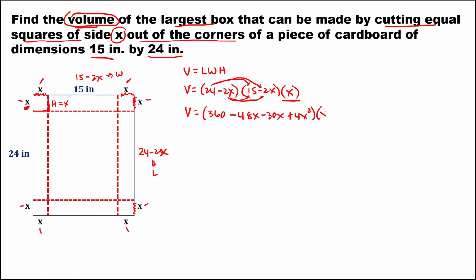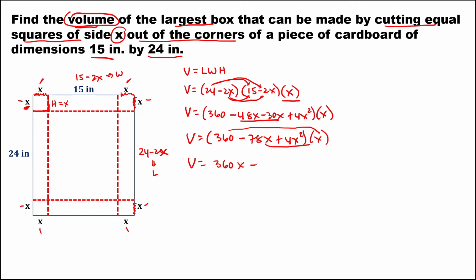Simplifying, this is 360 minus 78x plus 4x squared, then times x. Distributing this x, we get 360x minus 78x squared plus 4x to the power 3.